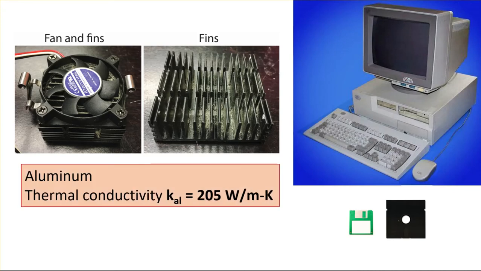The thermal conductivity of aluminum is 205 watts per meter Kelvin. The thermal conductivity is how well a material conducts heat. The higher the value, the better the material is at conducting heat.